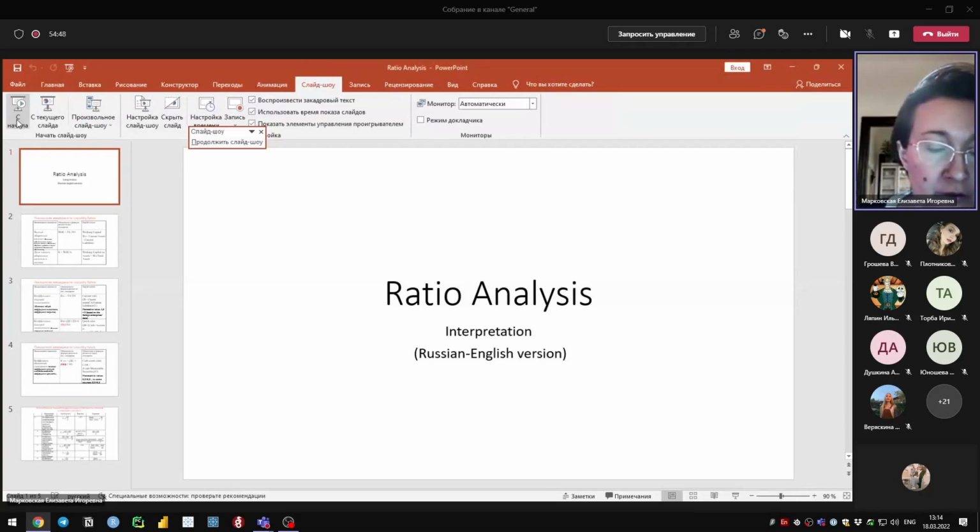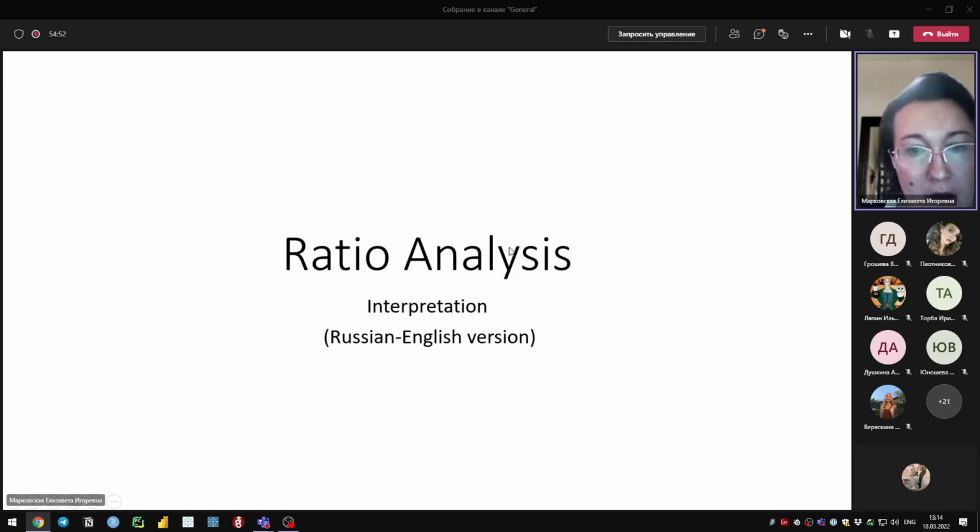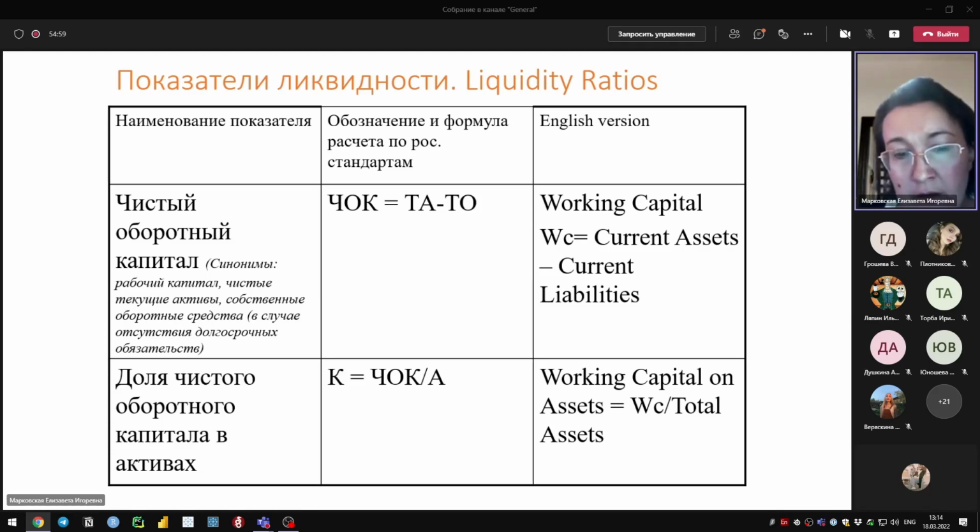For your convenience, I wrote the Russian name and the English name, so that both foreign students and Russian students could use this file.